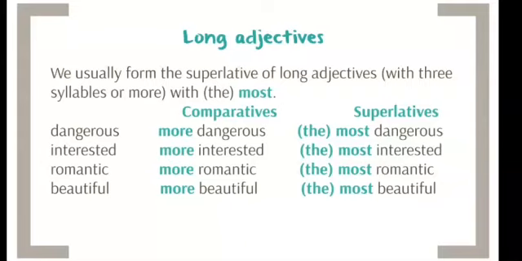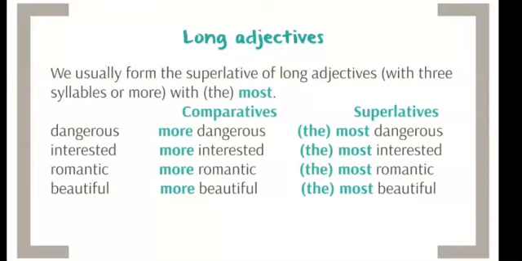¿Qué pasa con estos adjetivos? No tenemos que agregarles ninguna letra. Estos adjetivos están formados por tres o más sílabas. Por esta razón, nosotros agregamos la palabra most si es superlativo, y more si es comparativo.